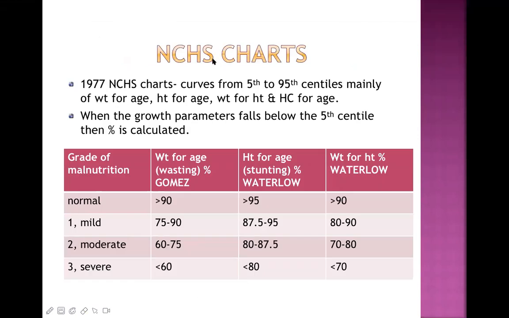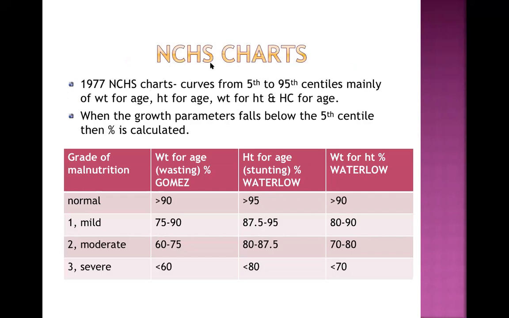Now let's move on. Now we are going to talk about one of the very important parts of this class, that is the NCHS chart. The full form of NCHS is National Center for Health Statistics. This organization belongs to the United States.